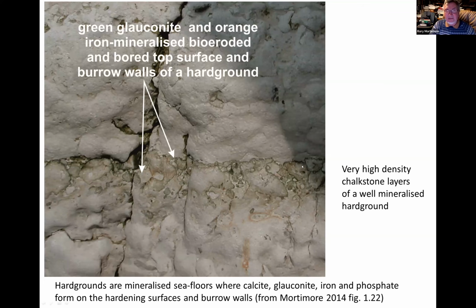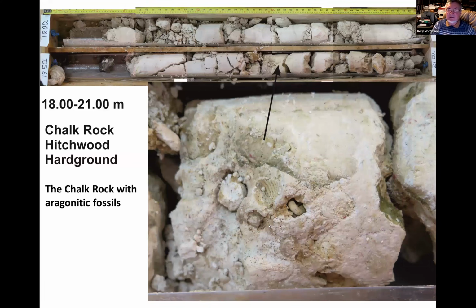But these surfaces are wonderful surfaces for following through the chalk because they actually tend to form on channels. And I'll show you a bit of that in a minute. Here's that same hard ground, but this time in core. And I don't know whether you can see the fossils inside here, but these were originally what we call aragonitic fossils, things like snails and ammonites.